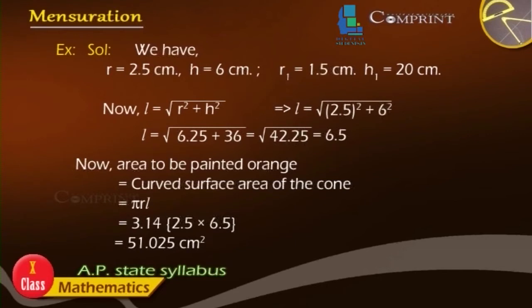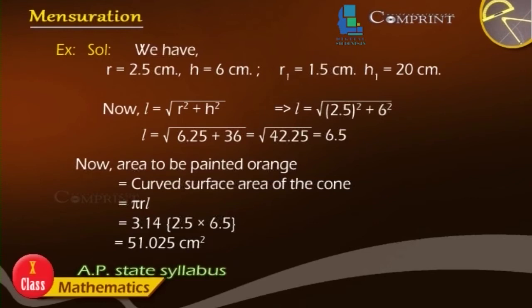Now, l = square root of R square plus H square = square root of 2.5 whole square plus 6 square = square root of 6.25 plus 36 = square root of 42.25 = 6.5.